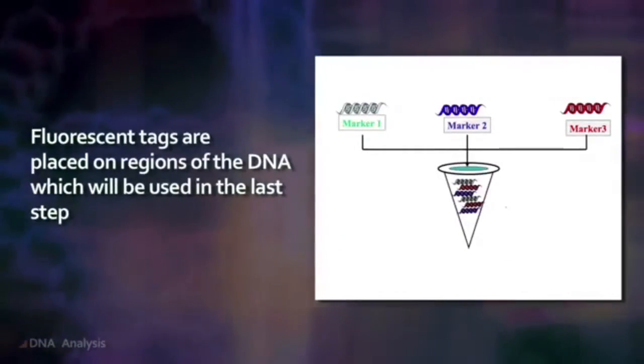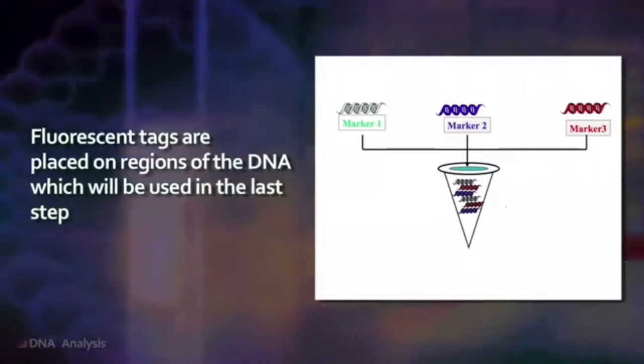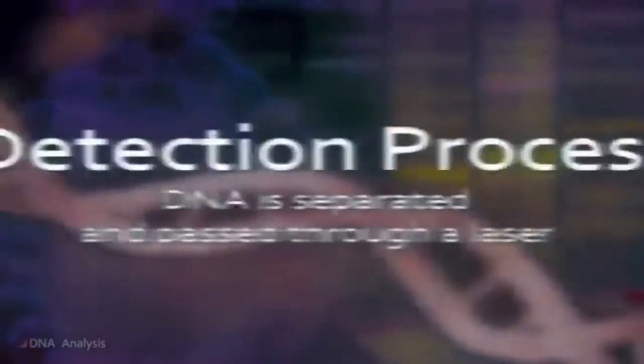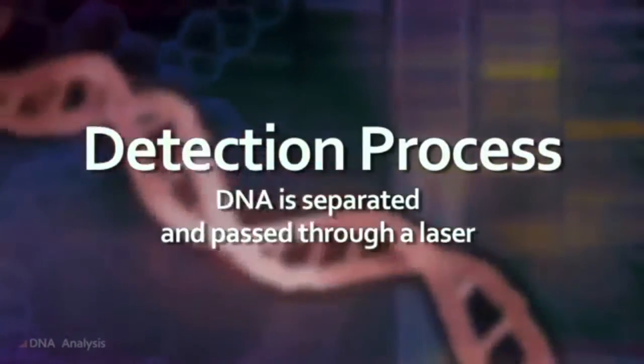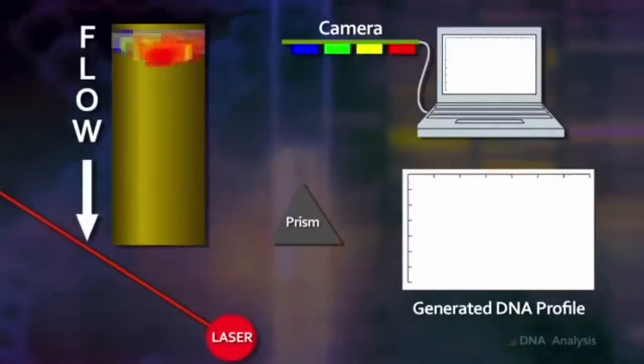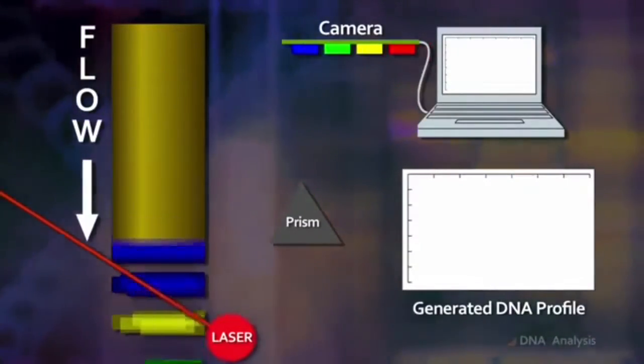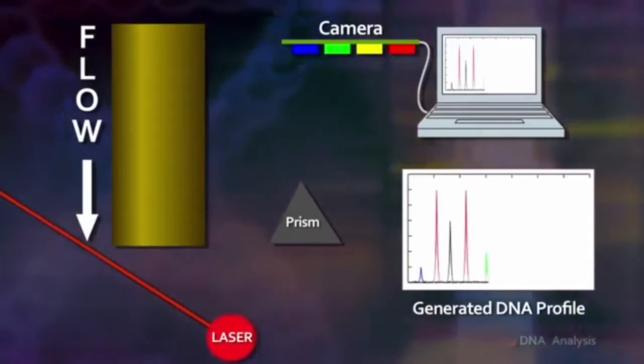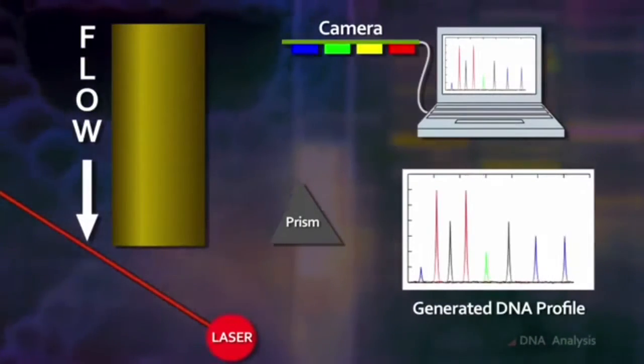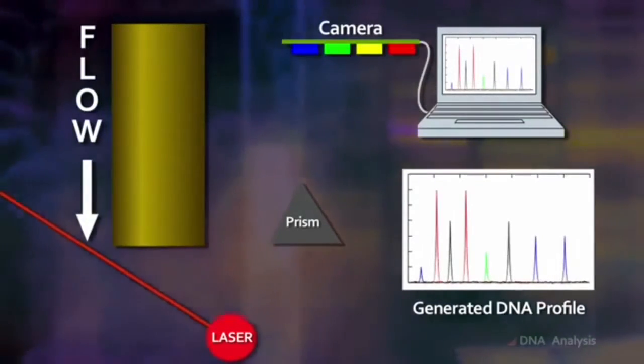During the amplification process, fluorescent tags are placed on regions of the DNA, which will be used in the last step. The last phase is the detection process, where our copied fragments of DNA are separated by size and are passed through a laser. When this laser hits the fluorescent tags we added earlier, a camera determines what color the tag is and how much there is.